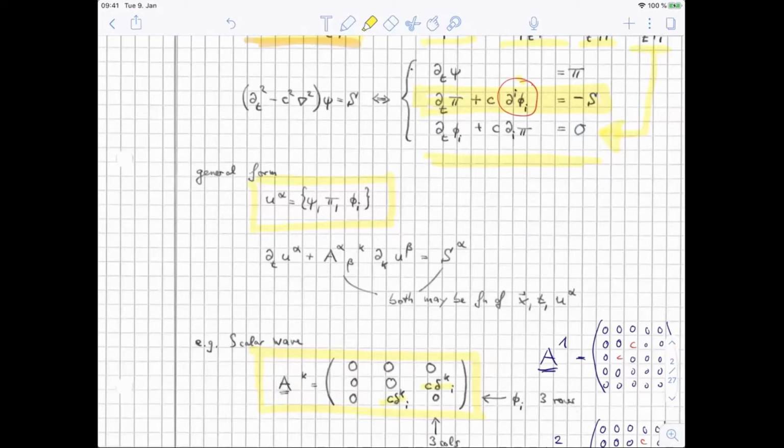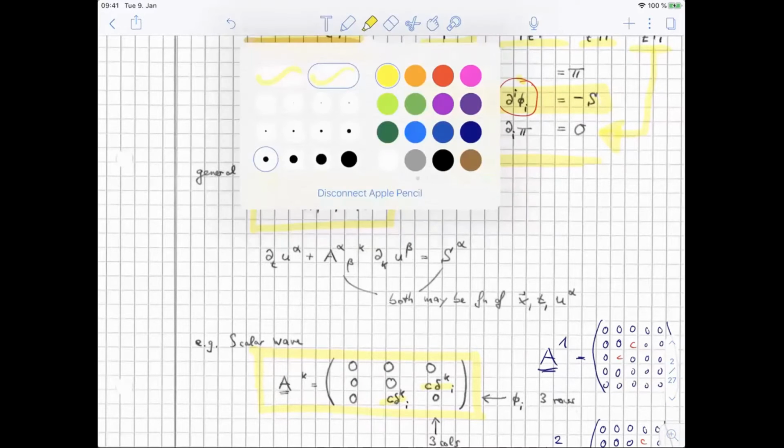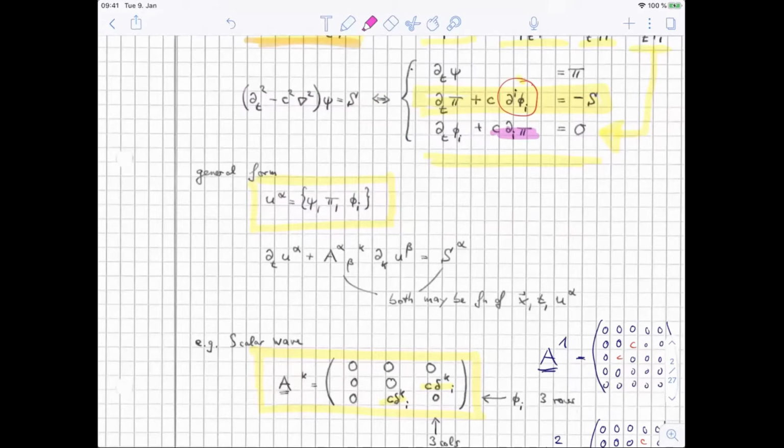And I'm somewhat confused, which must be a typo in my equations, because there's also the gradient of pi term up here that should be written down somewhere, and I don't see it yet in the equation.